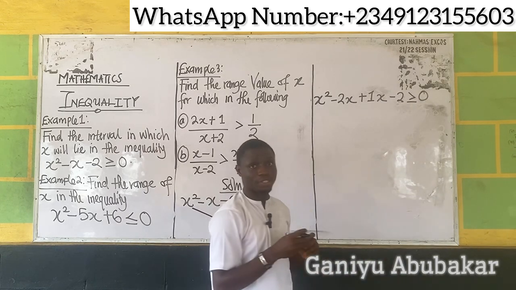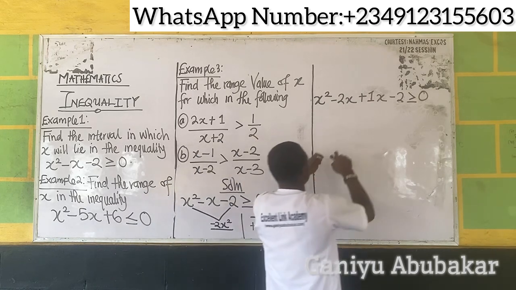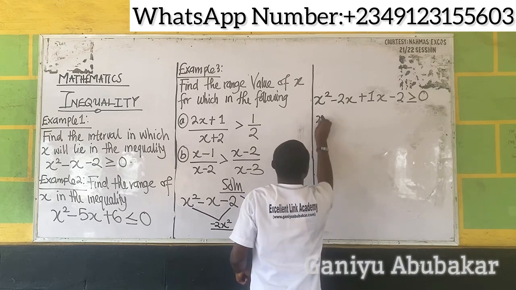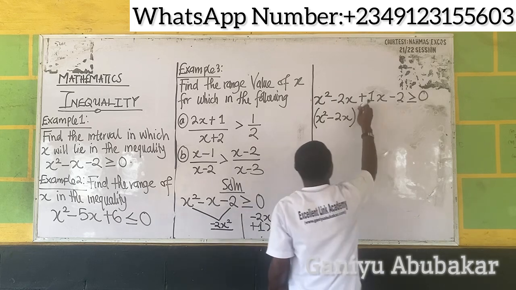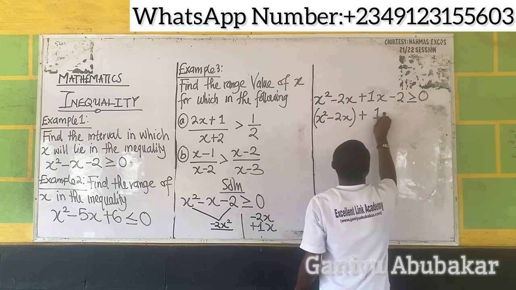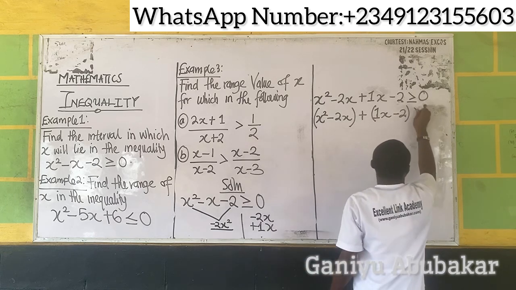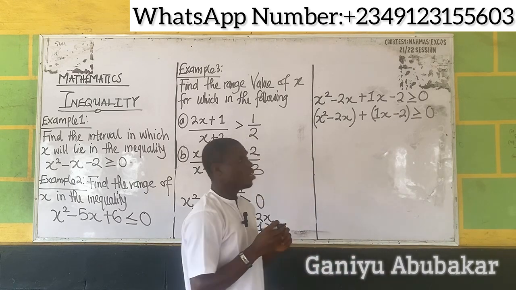My next task is to group this into two. So I have x squared minus 2x this way, then plus 1x minus 2 this way, with the symbol greater than or equal to 0. What's the next priority?